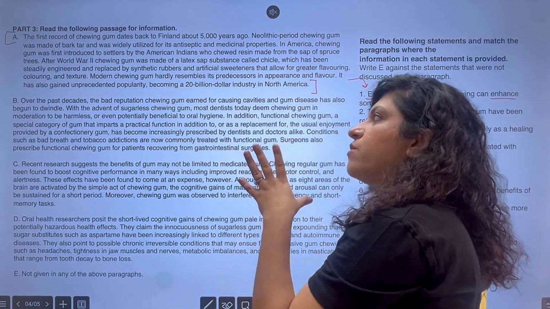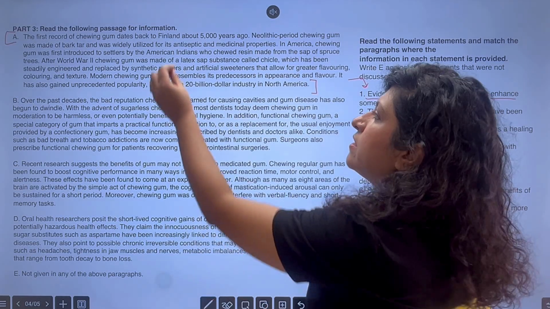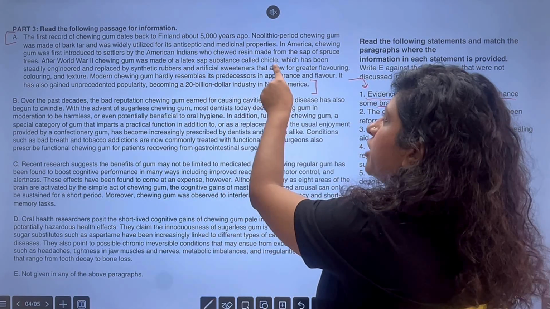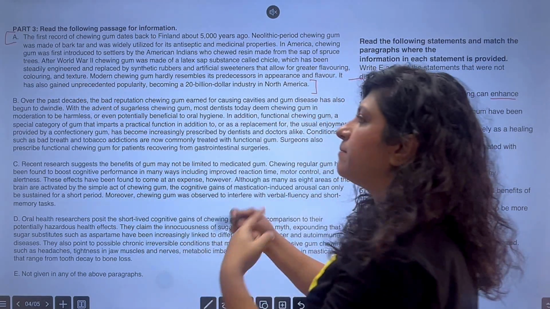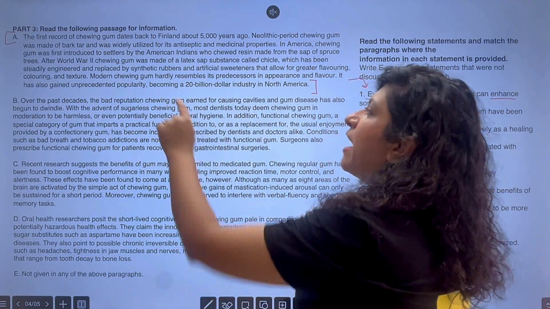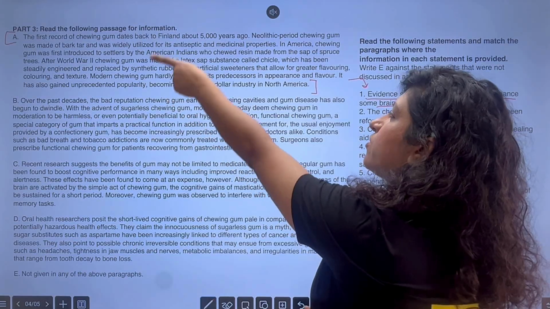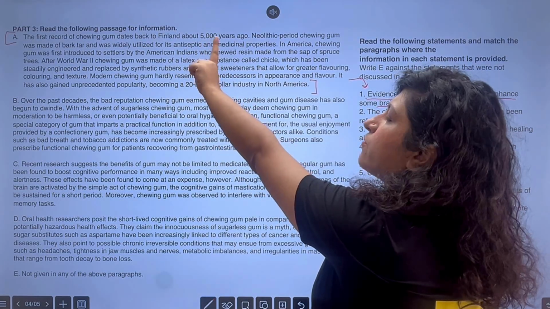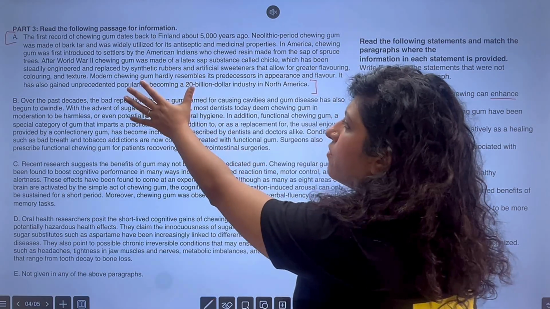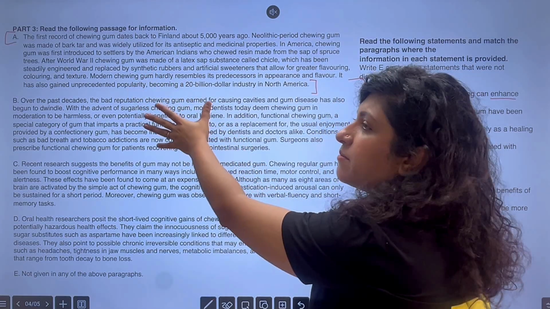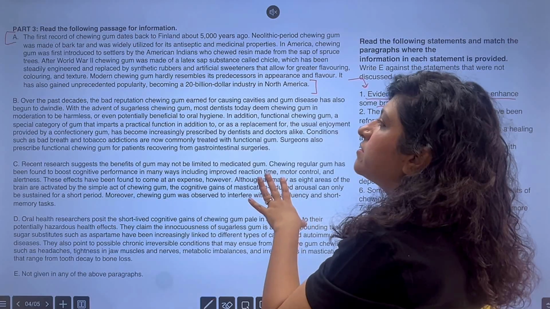Then it talks about World War, that after World War, chewing gum was made of chicle, and this substance has been engineered, means it has been changed and replaced by synthetic rubber. So if it was initially made of natural substances, now it's started being made of synthetic rubbers and artificial sweeteners.